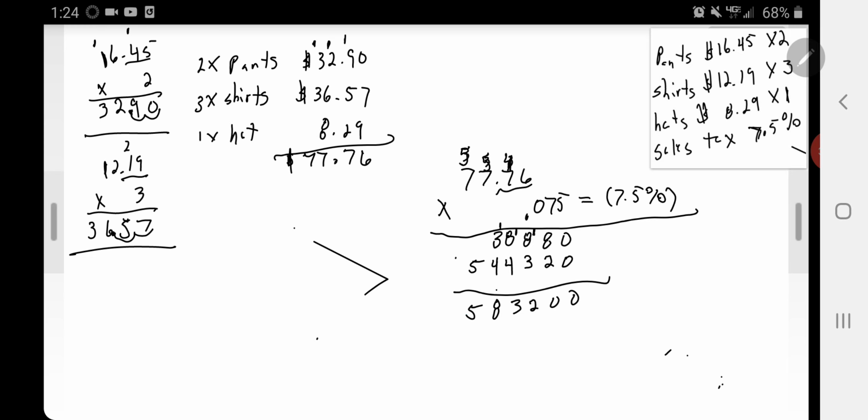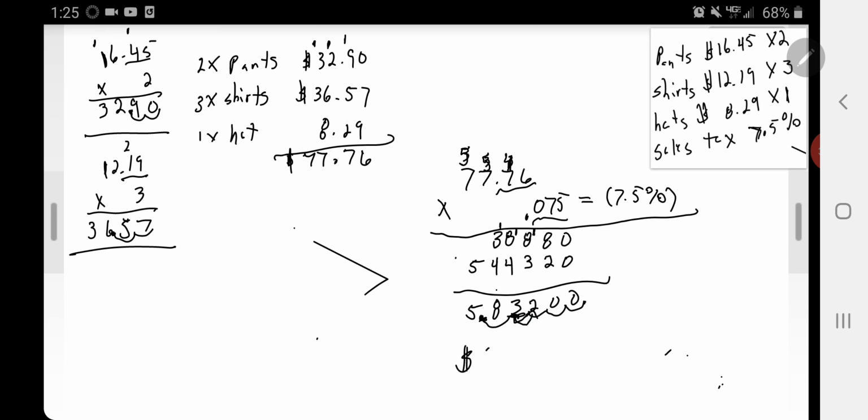Lastly, we see two numbers as a decimal and 3 numbers as a decimal, so a total of 5. So let's move it 1, 2, 3, 4, 5. Let's round to the nearest penny. 8, 3, so pennies at 3. Look at the number to the right, we see a 2, so we're going to round down.